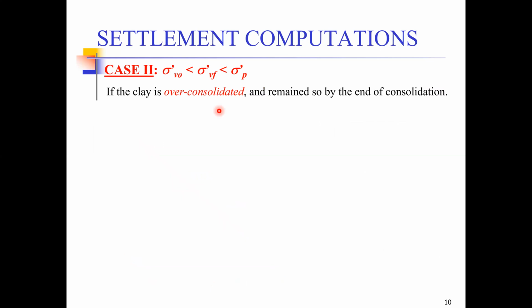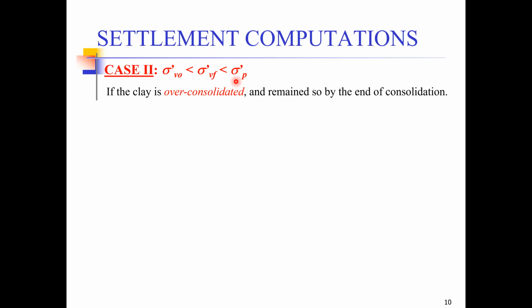For an over-consolidated soil, it means that the present overburden pressure is less than not only the final pressure but also the pre-consolidation pressure. Both the present and the final stress level are less than the pre-consolidation pressure.